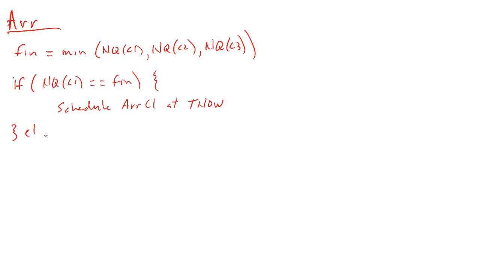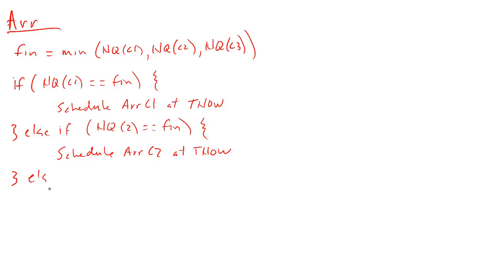Otherwise, else if NQC2 is equal to fin, that means the second cashier has the shortest line. We're going to schedule ARRC2 at T now.